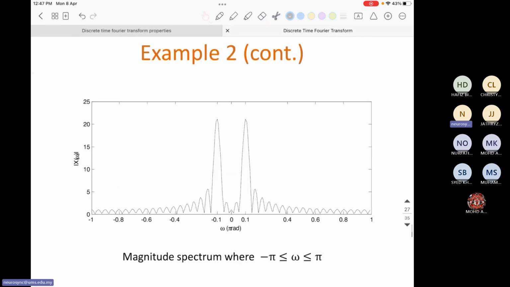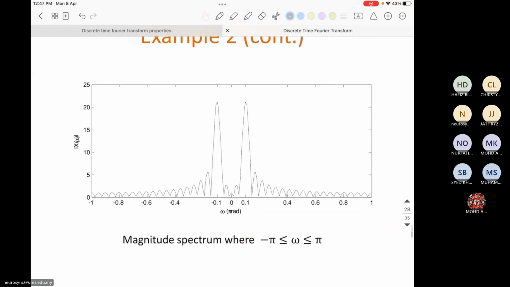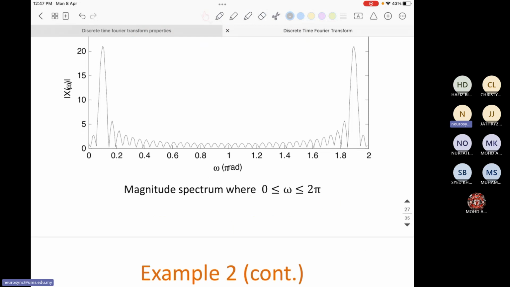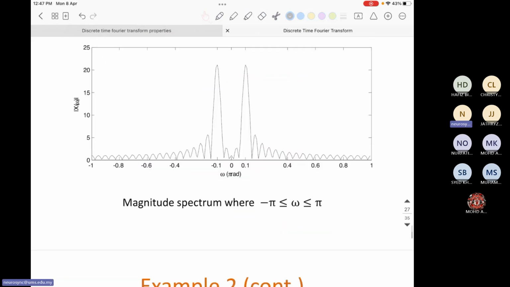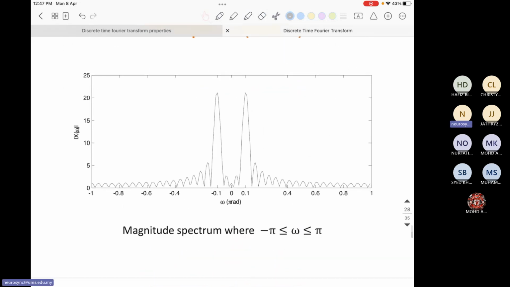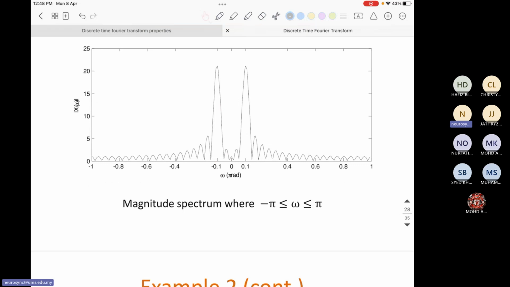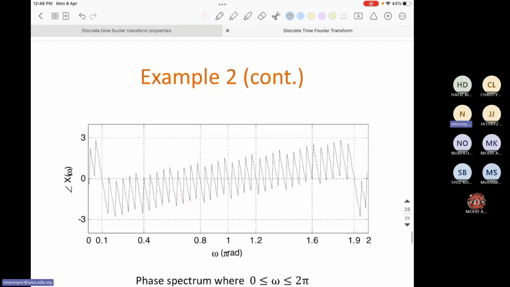And if you plot the magnitude from minus pi to pi, this is the plot from 0 to 2 pi. This is the magnitude spectrum from minus pi to pi.